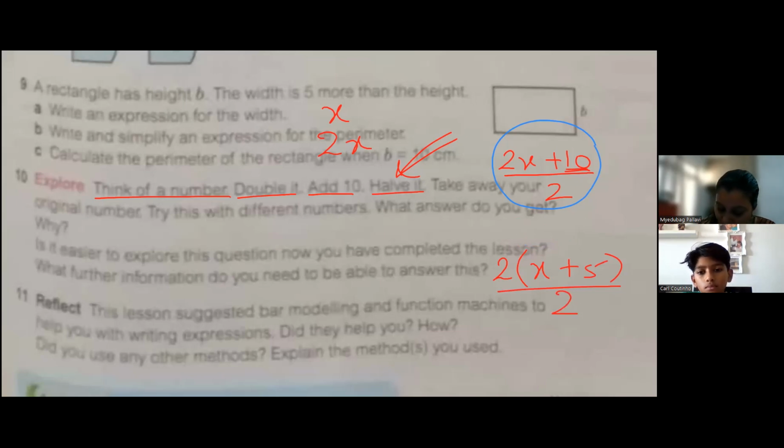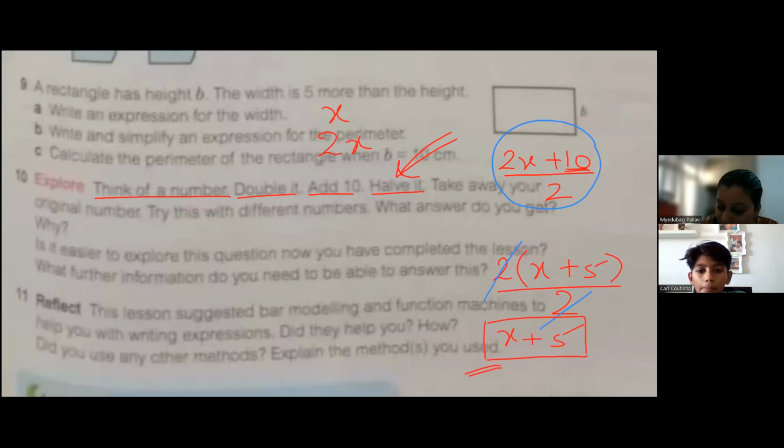Now can we cut this 2 in the numerator and this 2, because they are in division? Yes. We'll be left with x plus 5. x can be any number, so at the end x plus 5 is the expression we'll be left with.